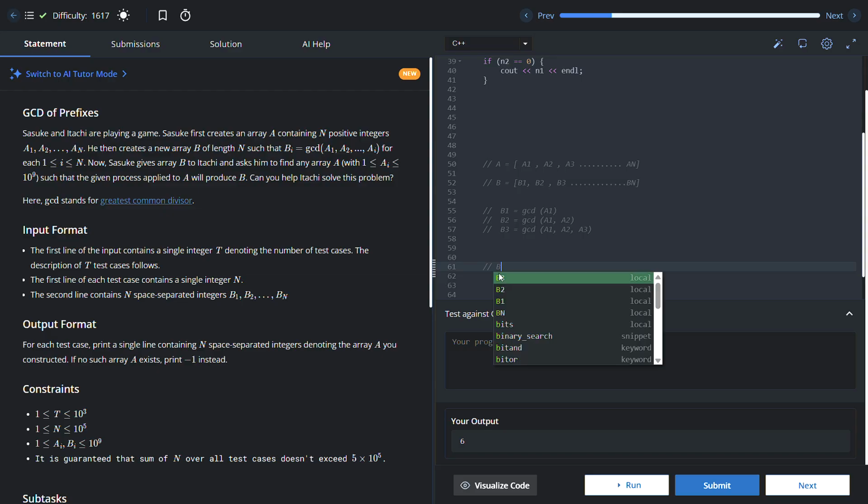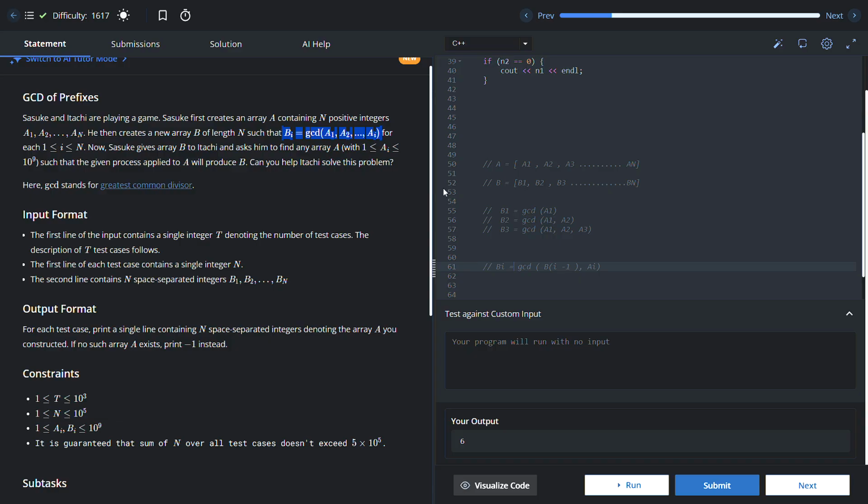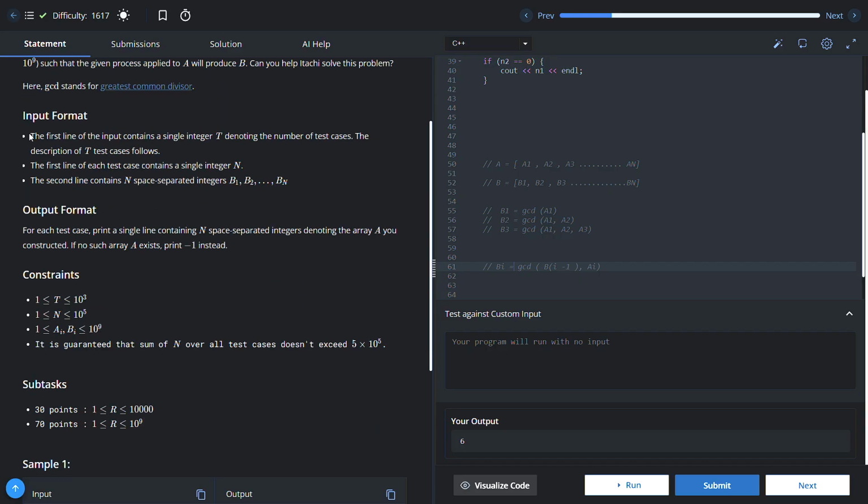So for finding b of i, we need to find GCD of b of i minus 1 comma a of i for that particular position, and this is what we can write here. Now the input: the first line of input contains a single integer t denoting the number of test cases.